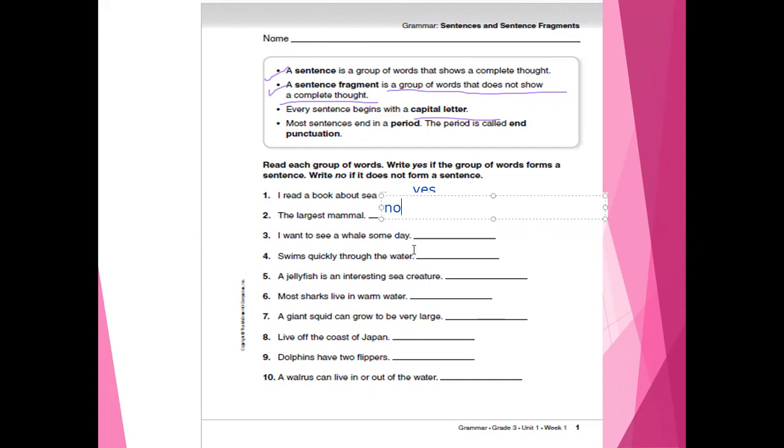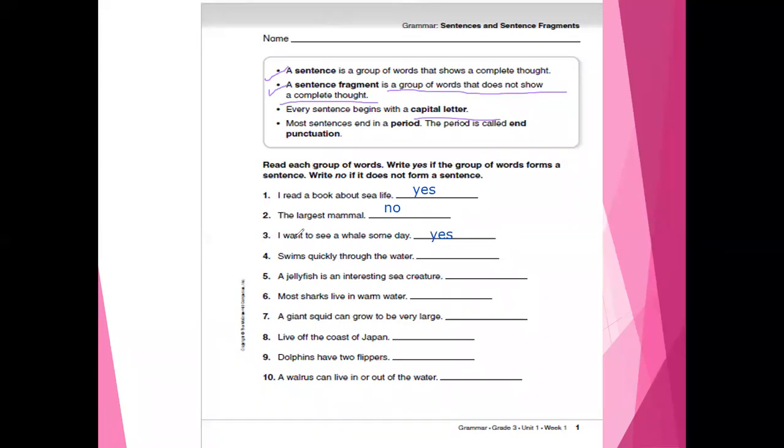I want to see a whale someday. So here is a sentence because it tells us something, it has a complete thought or idea. Swims quickly through the water. Who swims quickly through the water? This sentence starts with a verb. It doesn't have a subject.